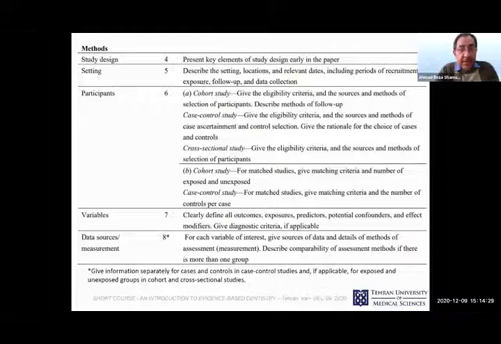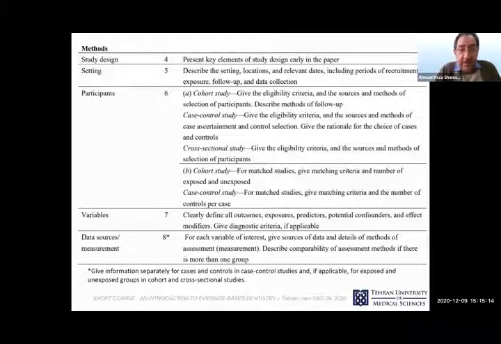And the next item is related to participants. For cohort studies, the eligibility criteria and the sources and methods of selection of participants should be given. And the follow-up method should be described. I will tell you that the follow-up is very important for cohort studies. For case control studies, again, eligibility criteria should be provided, and also the sources and methods of case ascertainment and control selection.